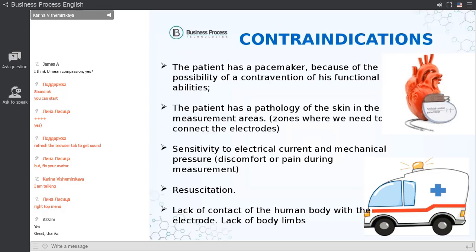The third one is sensitivity to electrical current and mechanical pressure. If you start running the test on a person and the person feels discomfort or pain during the measurement, it means that this person is very sensitive to electrical current. To be honest, I have never had such an experience. I'm not a doctor, and all this information I'm telling you, I'm retelling from the words of the doctor who works with our equipment.